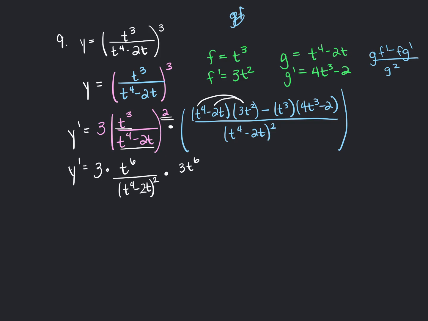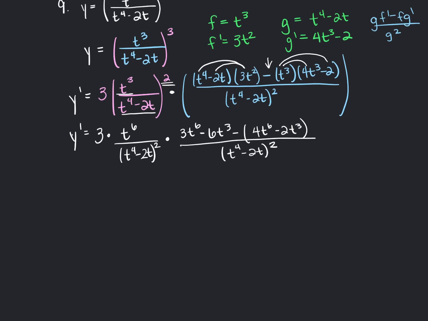Negative 2t times 3t squared is negative 6t cubed. Then we're going to have minus t cubed times 4t cubed is 4t to the sixth. T cubed times negative 2 is negative 2t cubed. I put this in parentheses because there was a minus sign here, so whatever follows needs to go in parentheses to make sure that we distribute the negative correctly. So this is all over t to the fourth minus 2t squared.